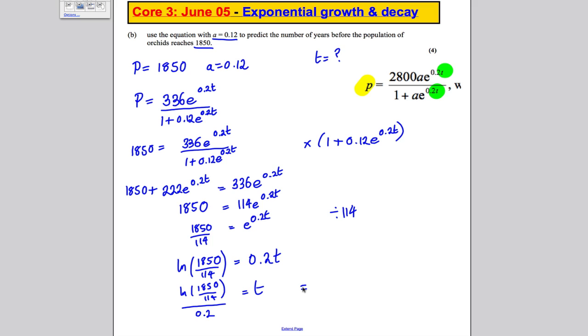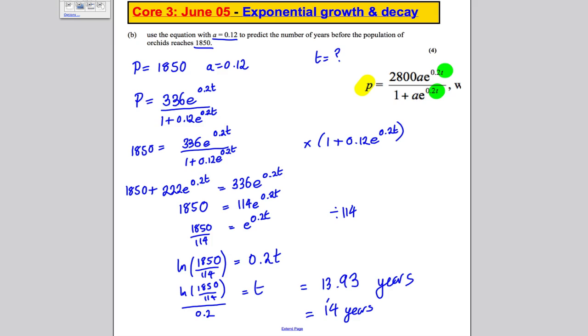Tap that in your calculator, see what you get. And you get 13.93 years, which rounded is about 14 years. And you're done.